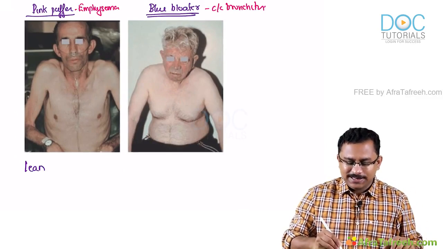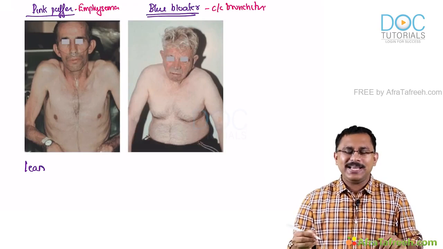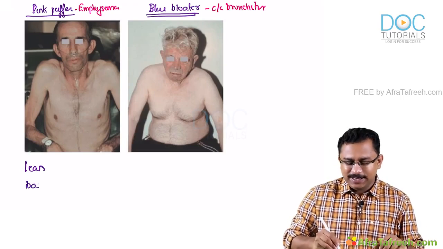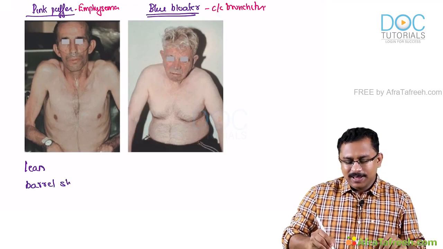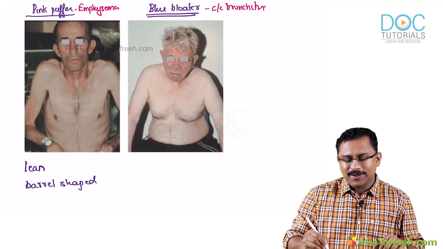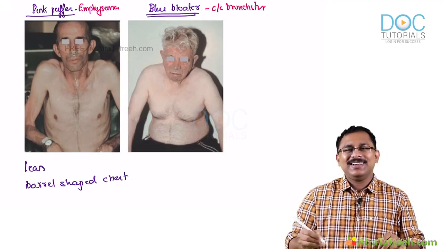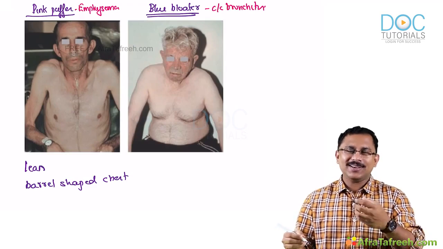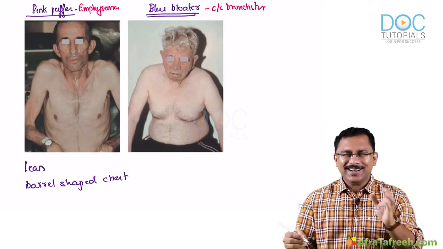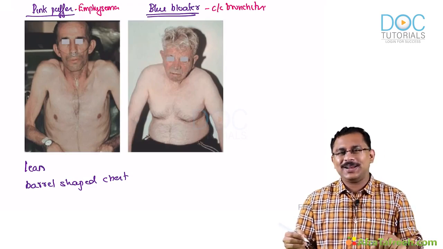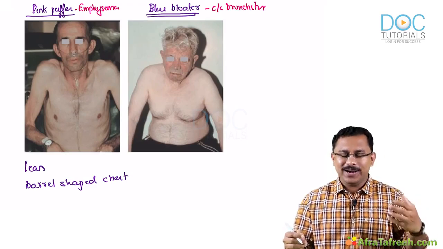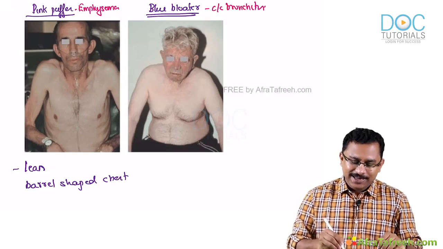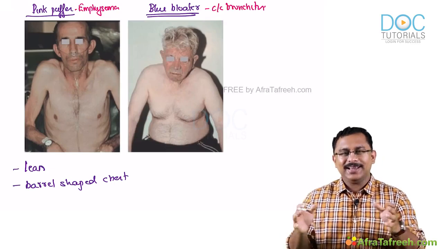Okay, lean individual, he is having maybe a barrel shaped chest because of the emphysematous change, and the leanness is because of the systemic inflammation that occurs in an emphysema. So I'll come to that. What is this systemic inflammation in this COPD? We'll come to that. But for the time being, understand that he is very much lean and he's having a barrel shaped chest.